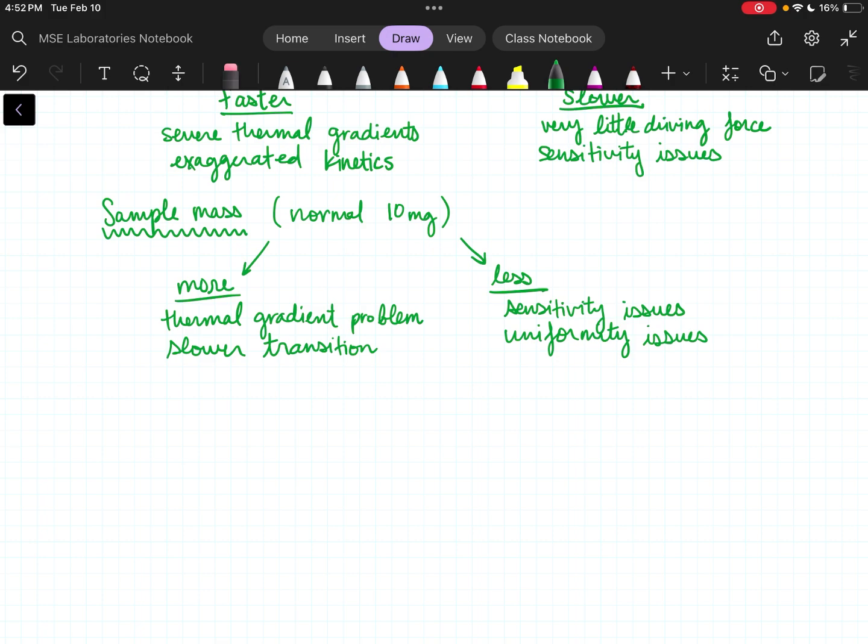So I'm not going to be able to compare this snowflake to that snowflake nearly as well because they are 100% mass different. So we have just decided that 10 milligrams is the value. Not to say that less or more is a problem innately. We just have to be aware that there are going to be some trade-offs.